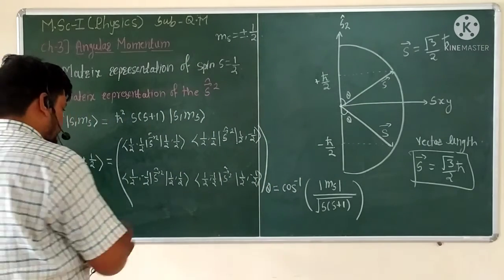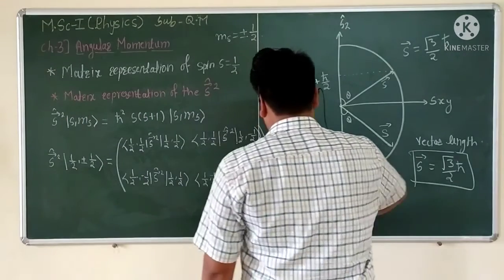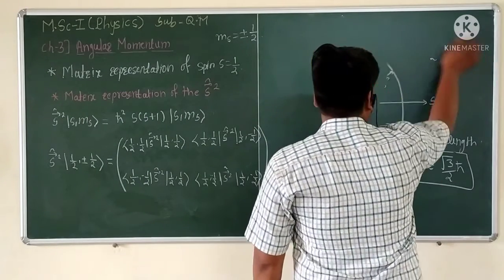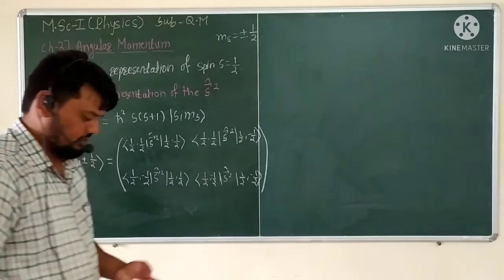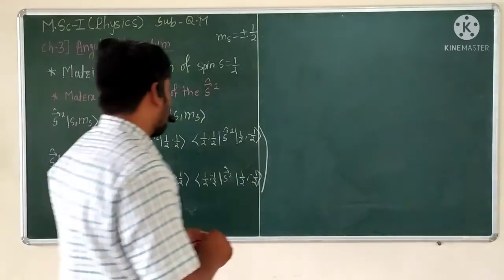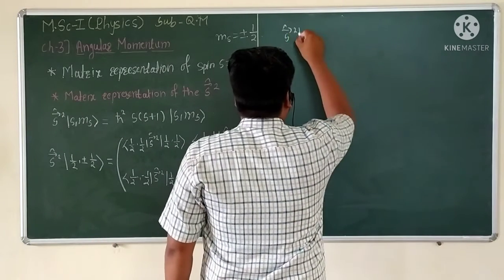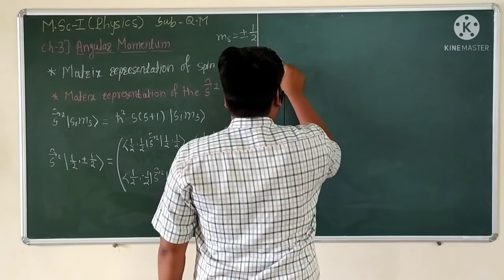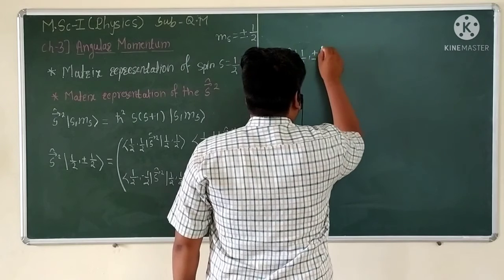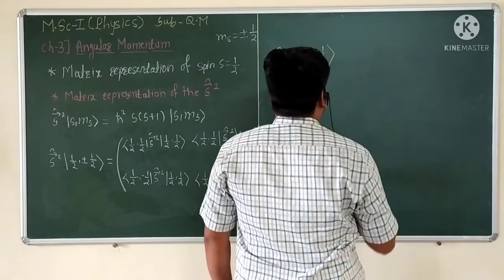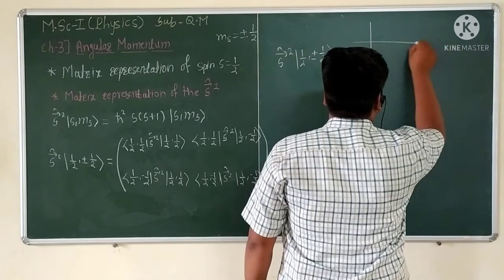Okay, and if you solve this matrix representation, how is it solved? See here very carefully. If you understand this concept, then we know how to solve the matrix representation. So s bar square cap on half comma plus or minus half is equal to the matrix representation of s bar square.